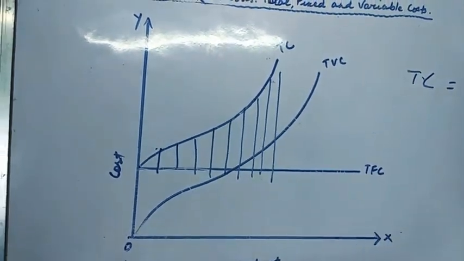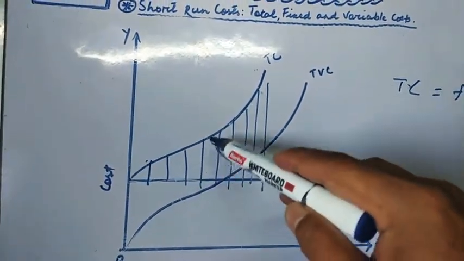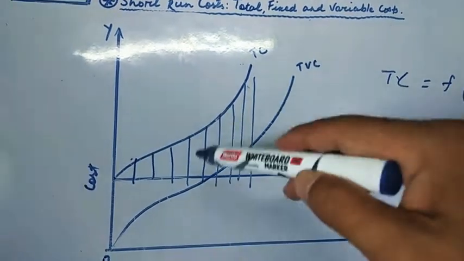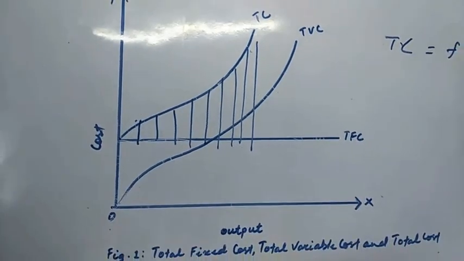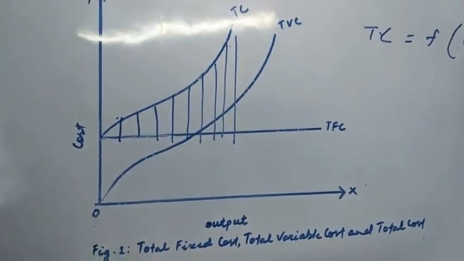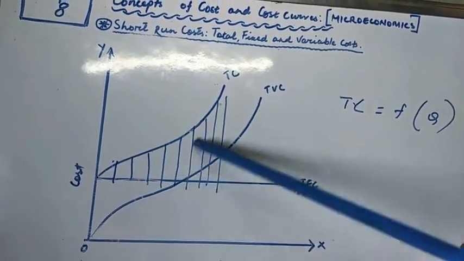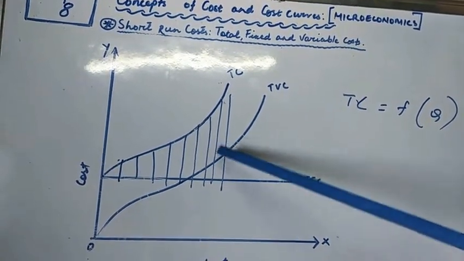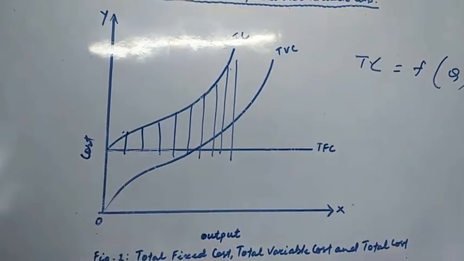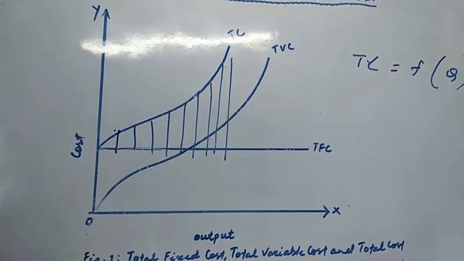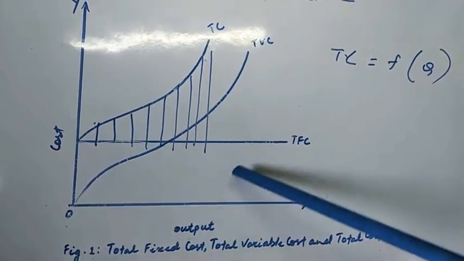So this gap between TC and TFC is increasing as output increases, representing the total variable cost, which increases due to the increase in output.